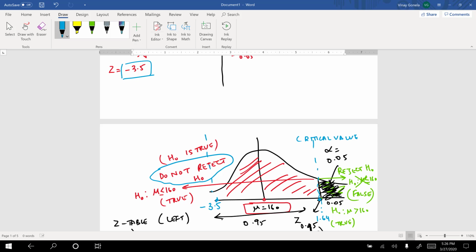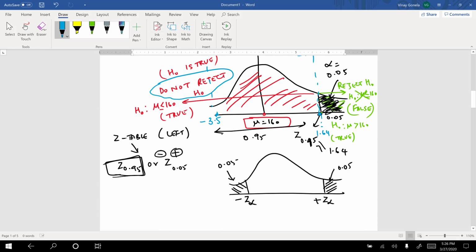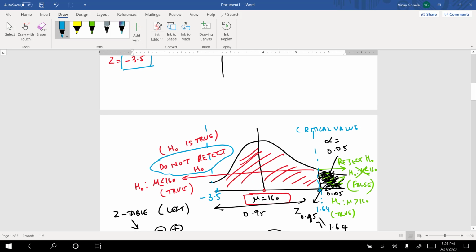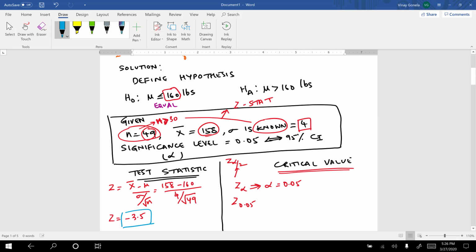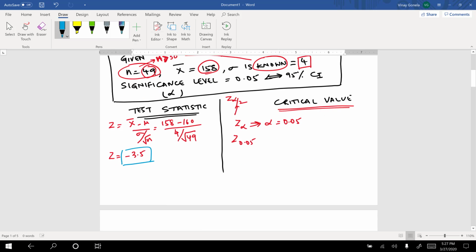So we are saying do not reject H null, which means this is true. We are not able to reject it. That means the president's claim that the weight of the students in the university is less than 160 is true.